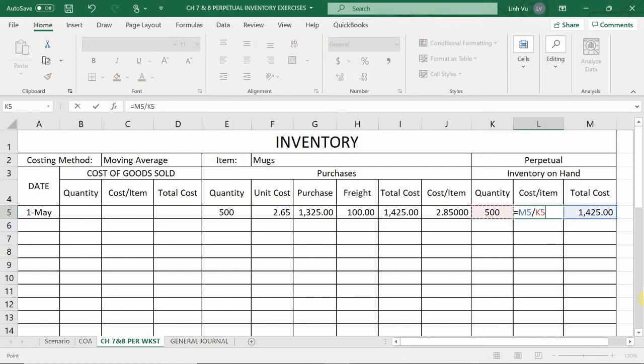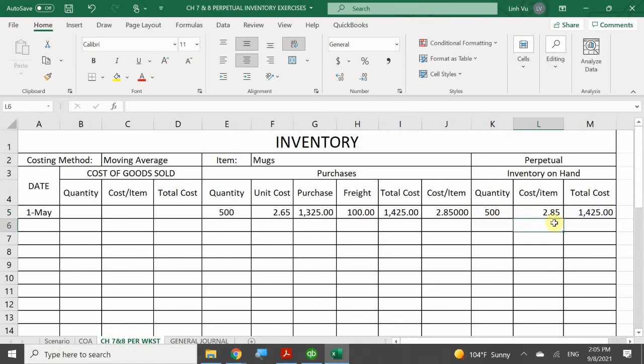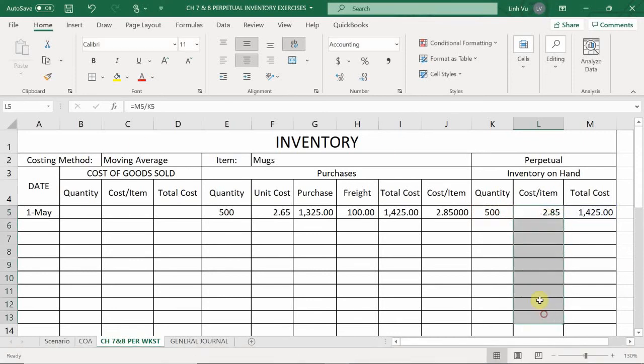I'm going to take my $14.25 and divide that by my 500 to get a total of $2.85. And there you go. I expanded it so you can see how much the cost per item is.